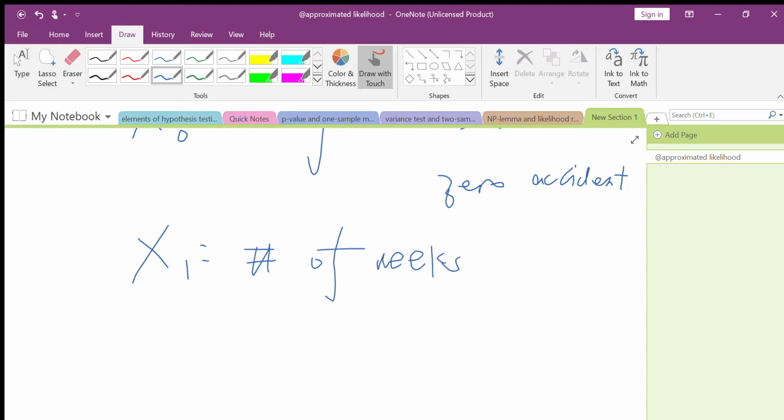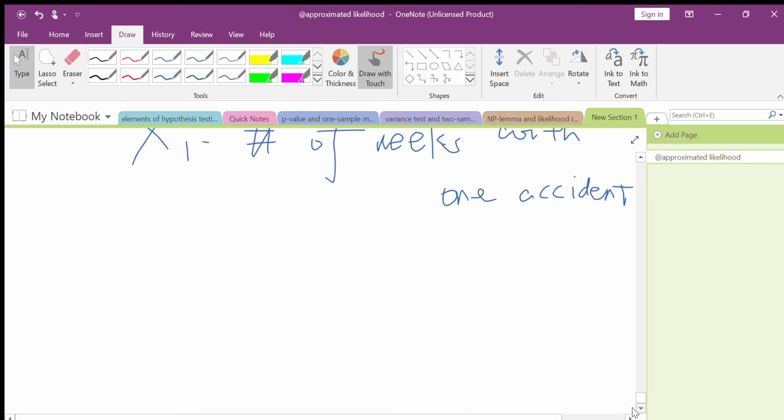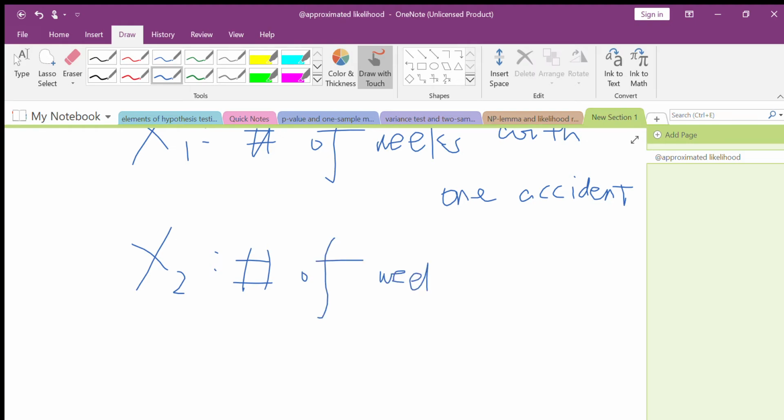For n weeks, capital X1 is the number of weeks with 1 accident. And what is capital X2? Capital X2 is the number of weeks with 2 or more accidents.